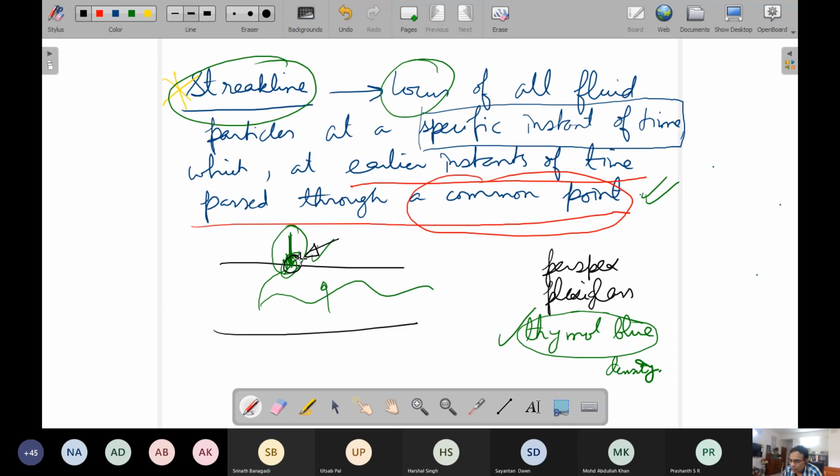So if you already create a relative velocity between the water and the dye, then the water and dye will move differently, because you have already created an initial velocity of the dye which is different from the velocity of water at that point. So it is something which in good English we say a quiescent injection, or you can say a very controlled injection.